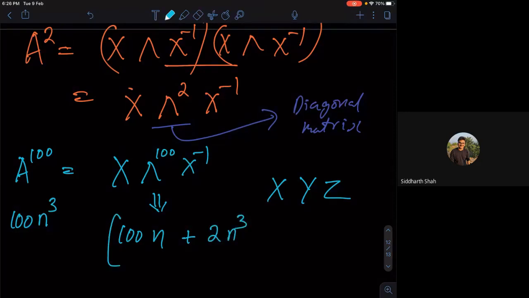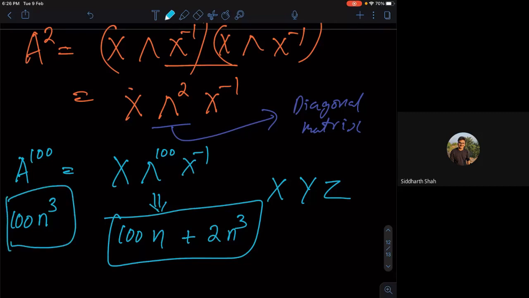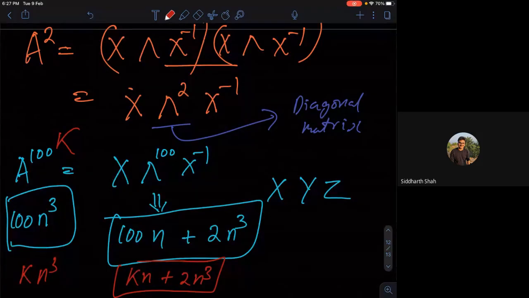So this comes out to be 100n plus 2n cube, and on the left you have 100n cube. As k increases, this is kn cube versus kn plus 2n cube. As k becomes much bigger, this is a much better method to do multiplication.